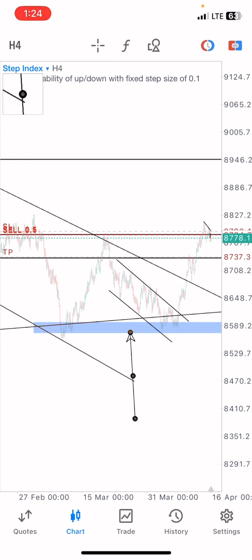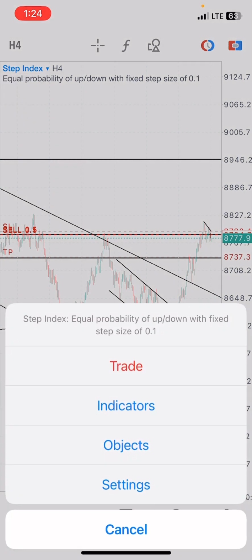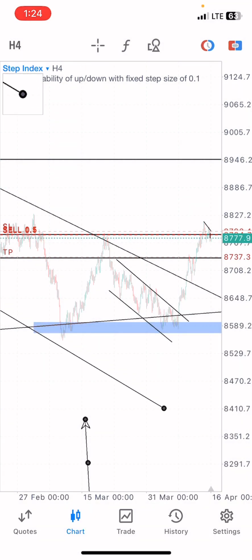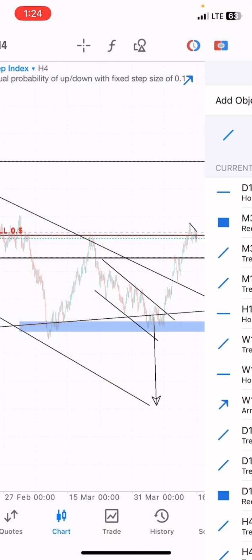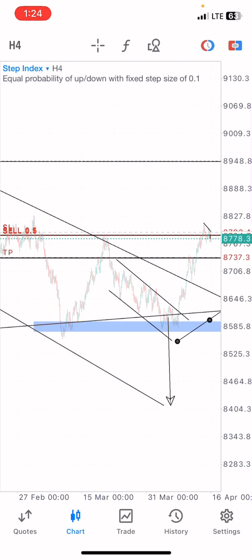The approach was actually to contest this lowest low, but the market failed to break below it to give us a new low, like giving us a new low at this point, then creating a lower high, and giving us a continuation of this particular downtrend.